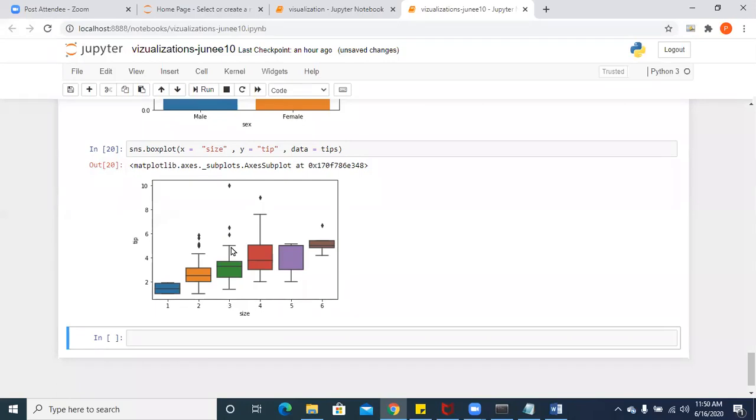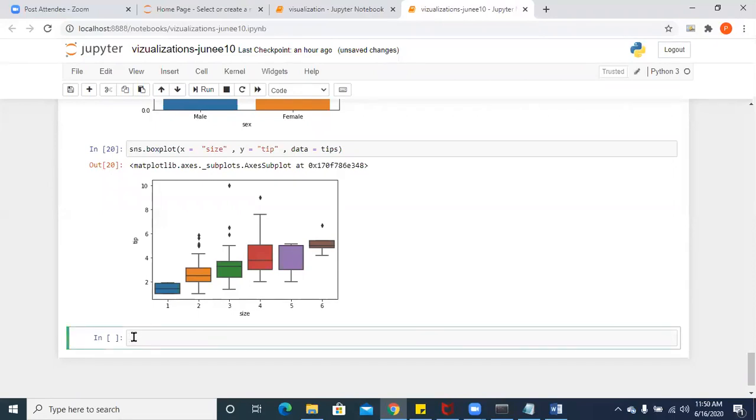That is like mean, median, 25%, 50%, 75%. Did you remember, guys? Yesterday I said I'll explain this 25%, 50% and 75% during visualizations. Yes, okay. So here, this is the one size.